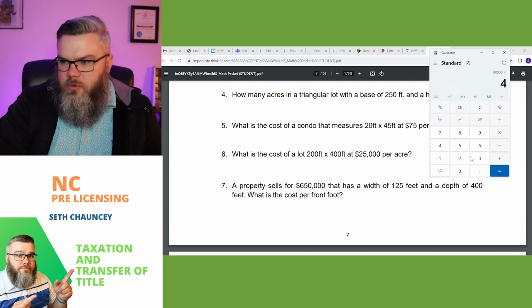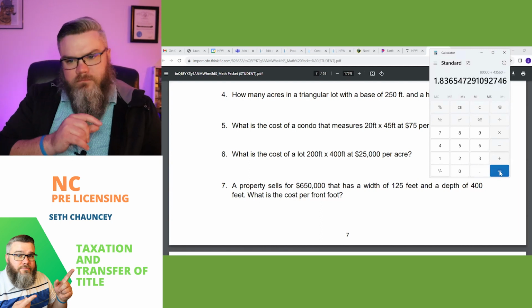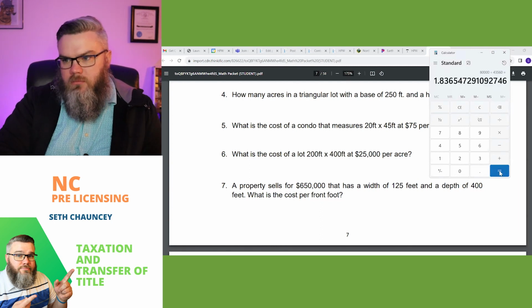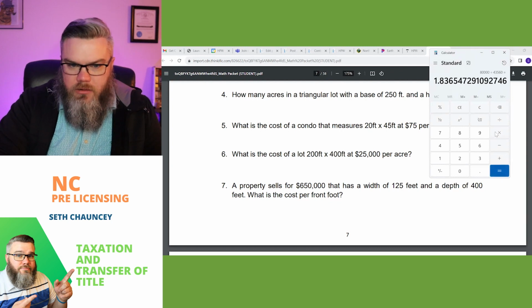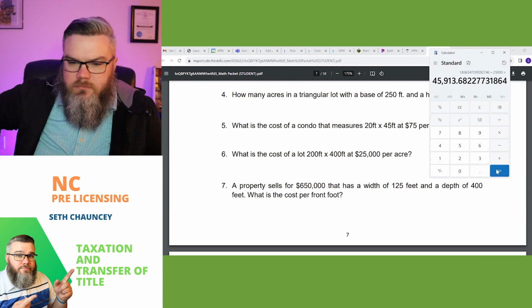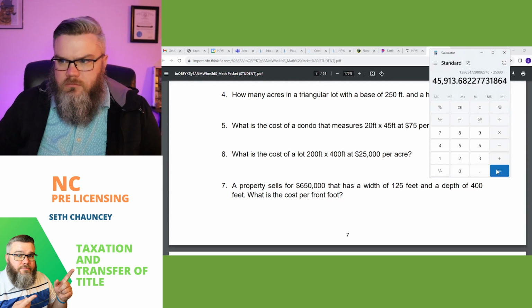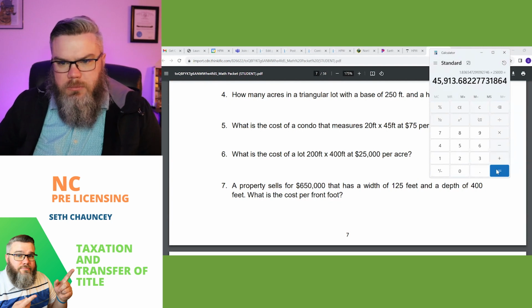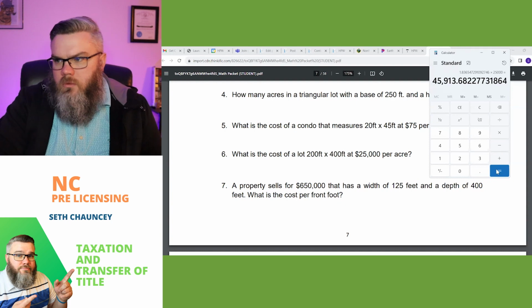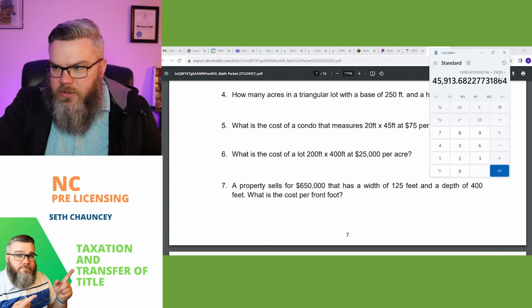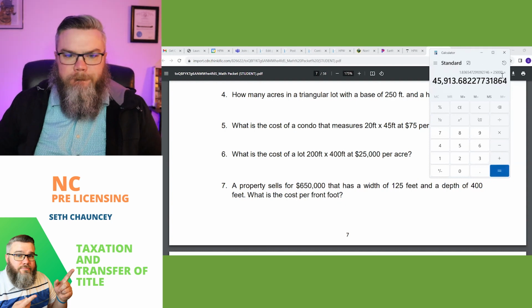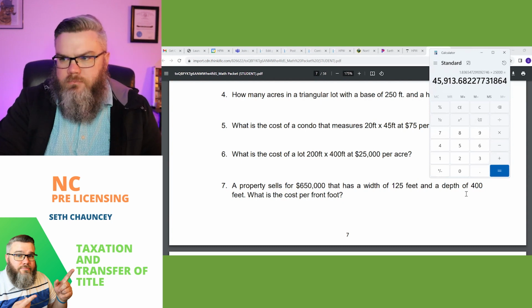Yep, divided by 43,560, which is 1.84. Okay, and then multiply it by $25,000 an acre. No, it's $25,000 an acre. That's what I just said. You said 20,000. 25,000. He said 25. Right there on the calculator. 25000.